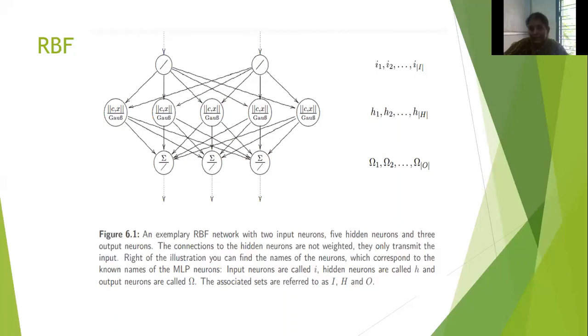But here, specifically in the RBF system, the information is just transmitted from input layer to hidden layer. No weights are considered in the radial basis function.